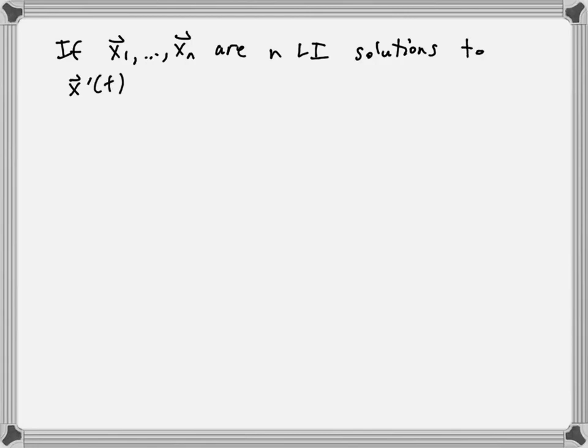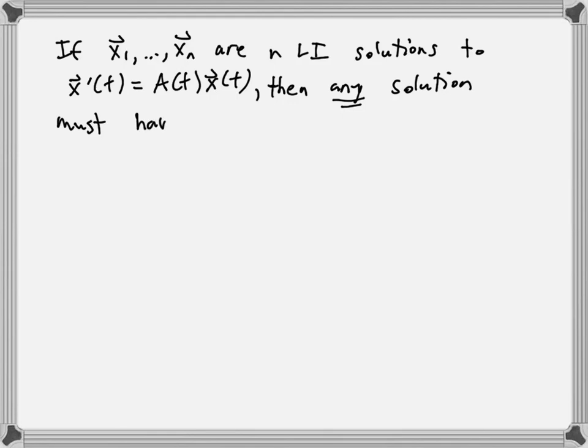If x1 all the way to xn are n linearly independent solutions to x prime of t is equal to A of t times x of t, then any solution must have the form C1 x1 of t all the way to Cn xn of t.